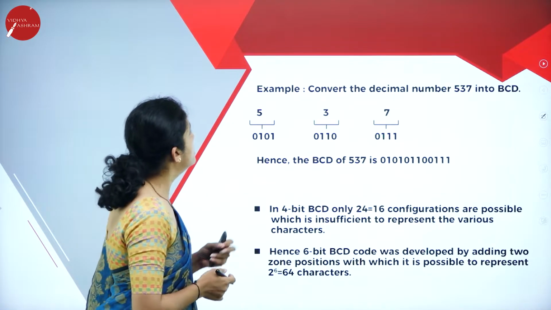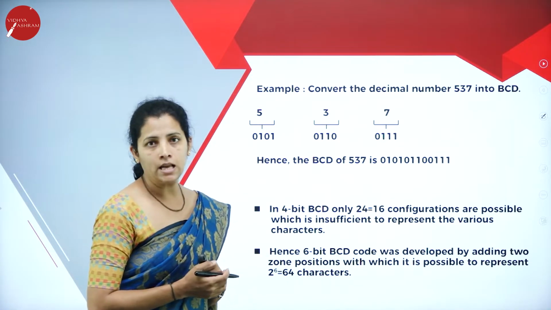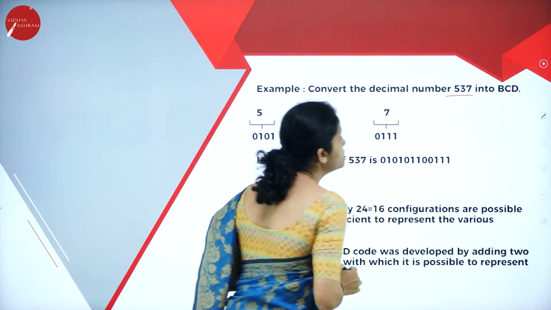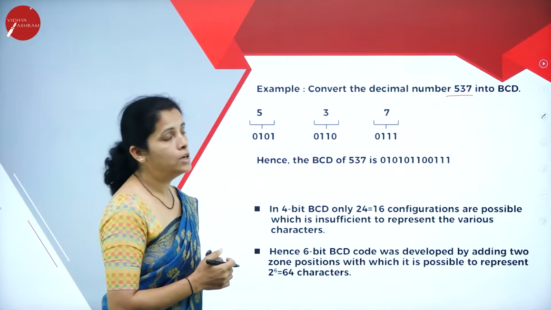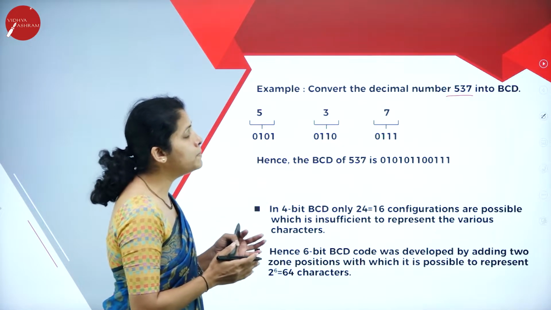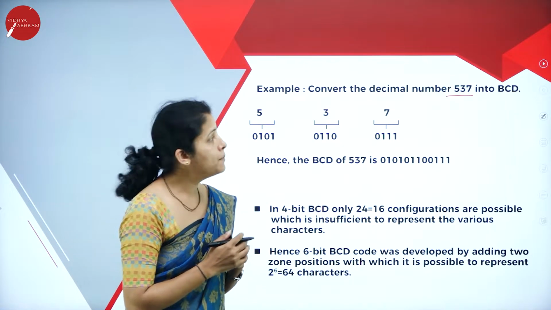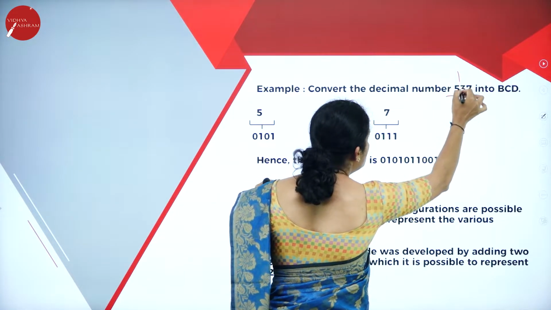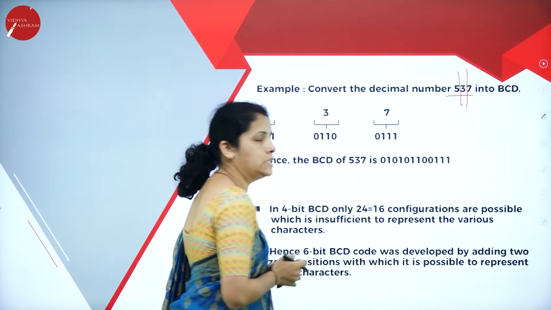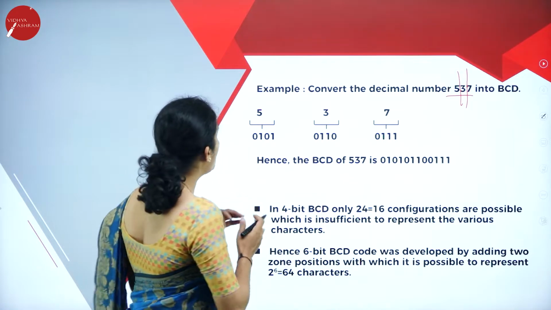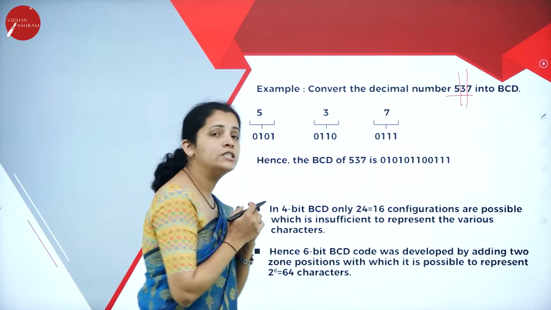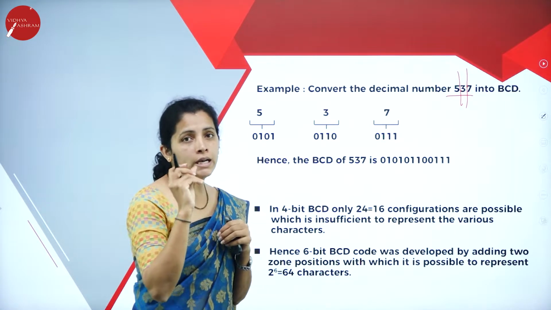Moving further, I'm having some example here. So, what's the example I'm having here? That is 537. To represent this number, first what I will do? I'm going to break this number into individual digits. After that, what I will do? I'm going to write the BCD representation for each individual digit.